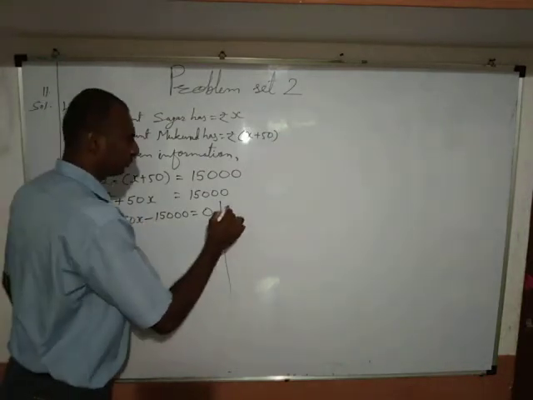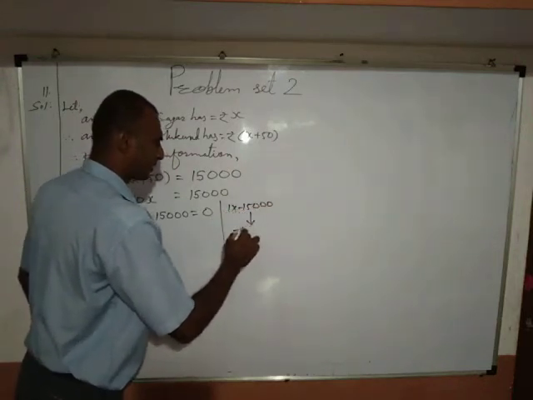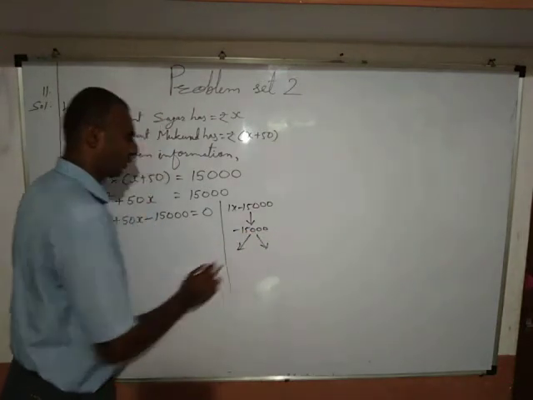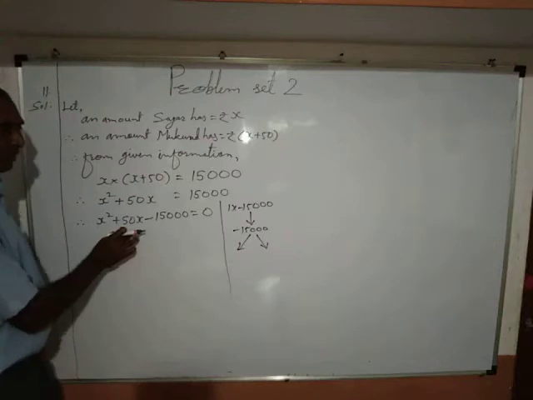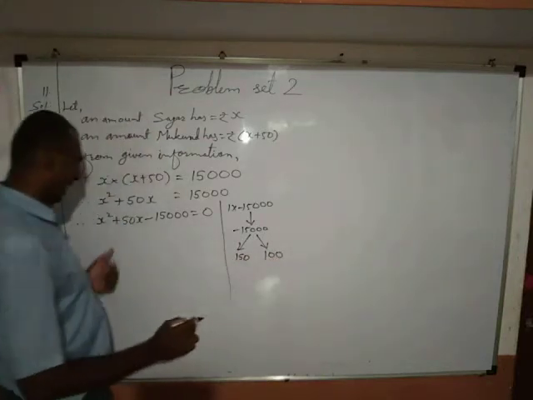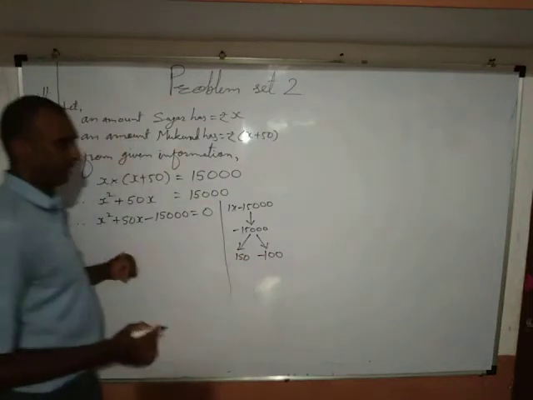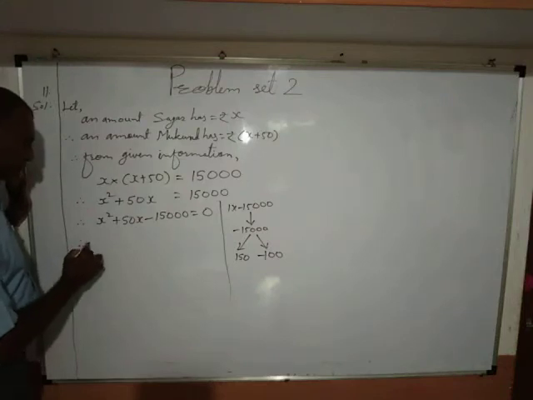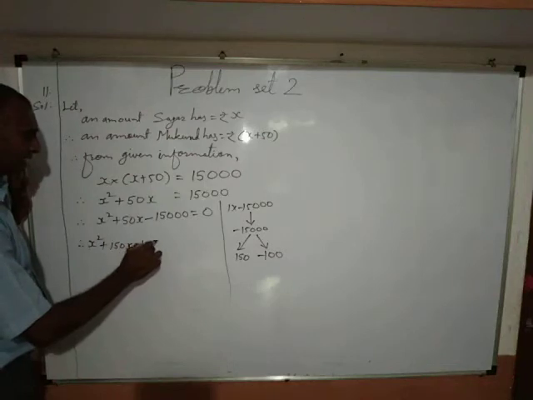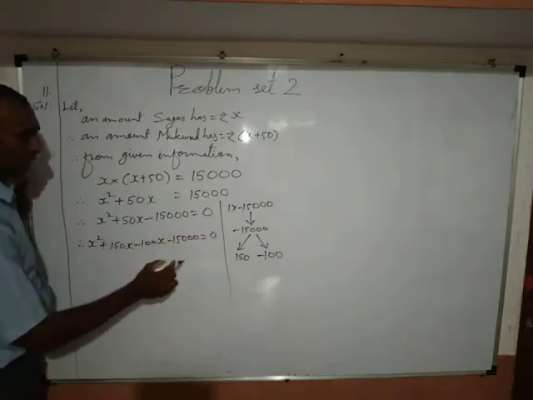Here 1 into minus 15,000 gives us minus 15,000, and it should be factorized such that the addition must be 50. Of course, the factors will be 150 and 100, and as the addition must be positive, the smaller factor must be negative, and therefore x square plus 150x minus 100x minus 15,000 equal to 0.